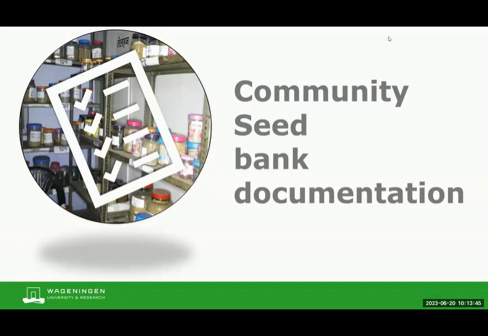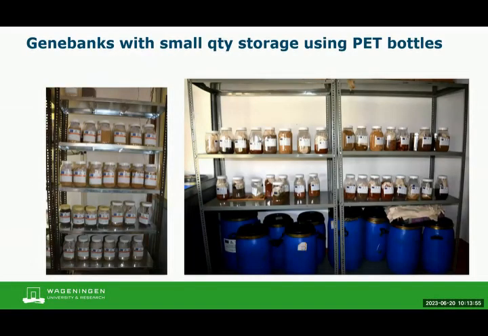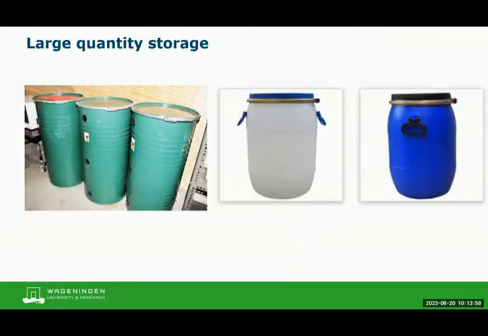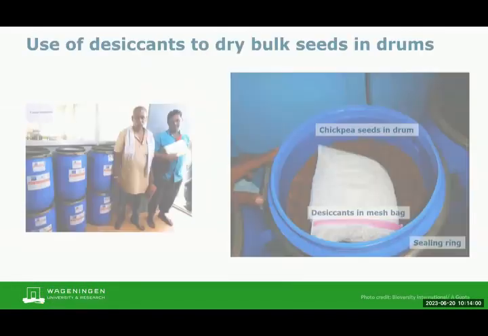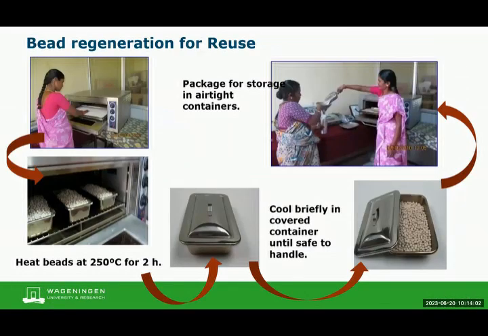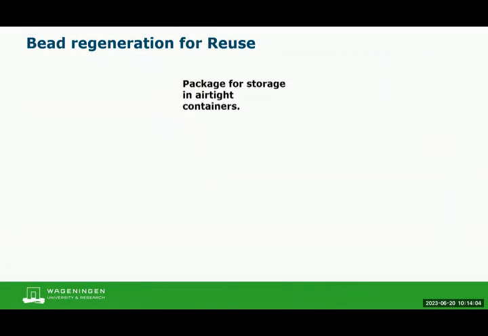Yeah, okay. So I think there is a small difference in the understanding. Let me go back to this slide. No, actually, those strips are not to be used for drying the seeds.